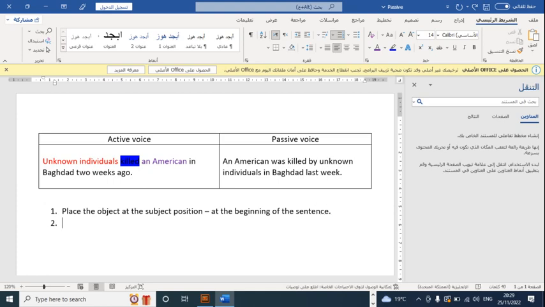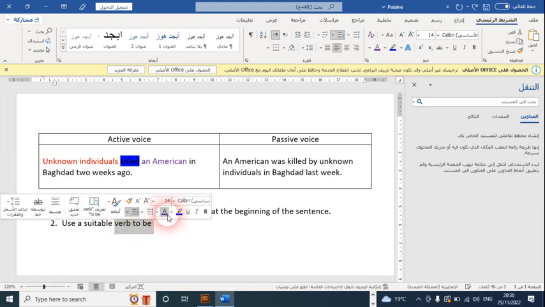Number two, use a suitable verb to be. What is meant by verb to be?